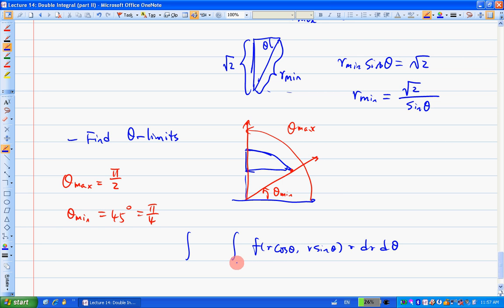In this particular case, my r goes from r min here to root 2. Theta goes from pi over 4 to pi over 2. Okay, that's it. That's the typical approach to solving a double integral under polar coordinates.